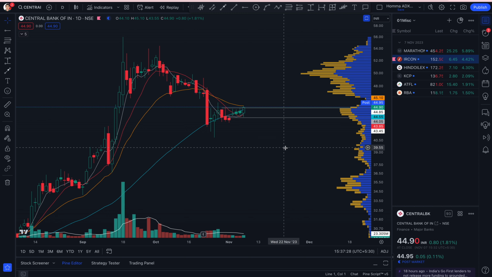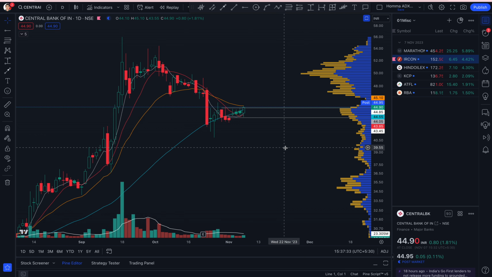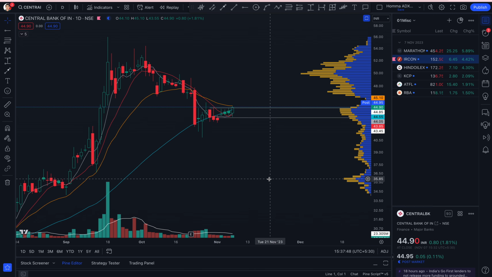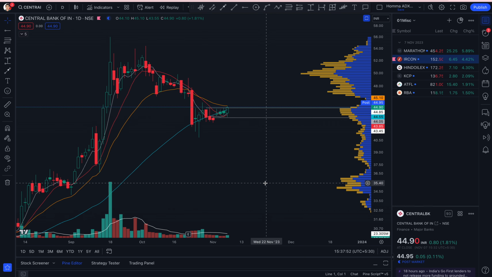Hey guys, in this video I'm going to explain my Central Bank of India trade. I took a trade in this yesterday and I averaged it up today. The logic behind this is basically a pullback trade, and the pullback was at around the 50 DMA, right?